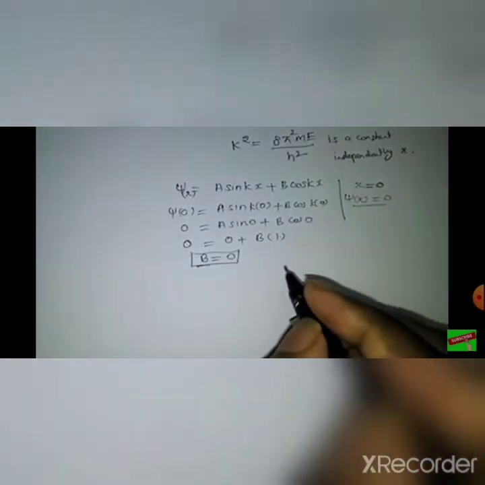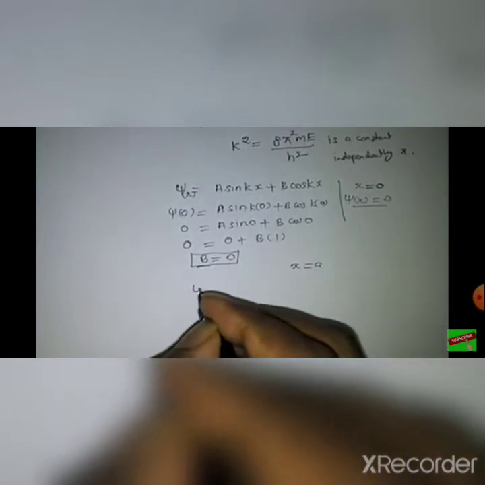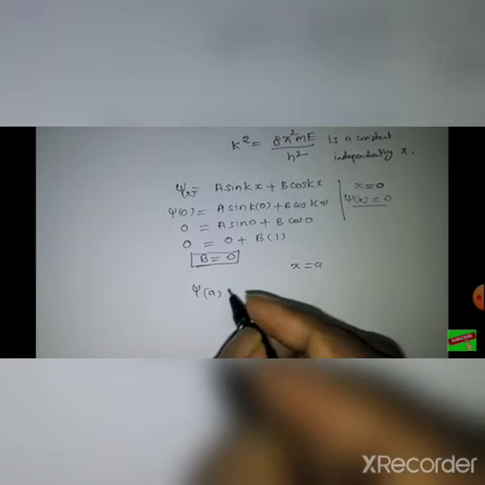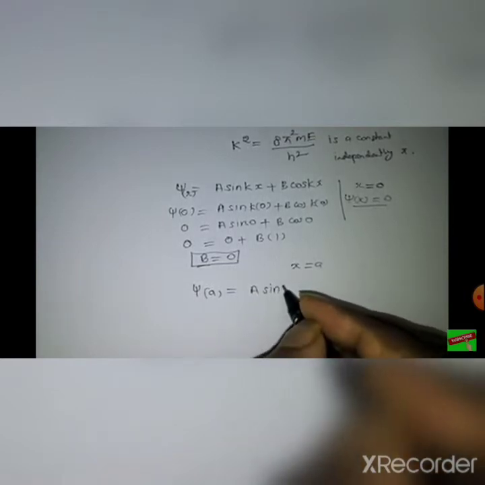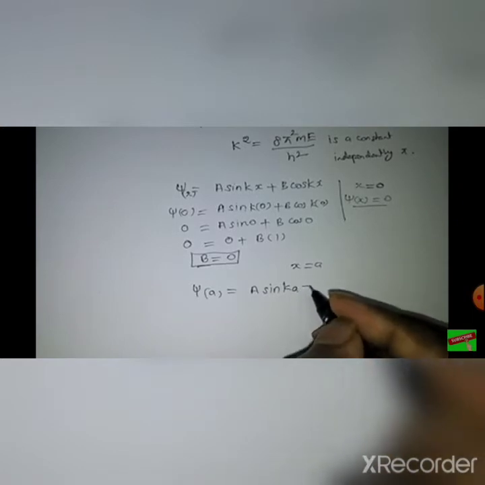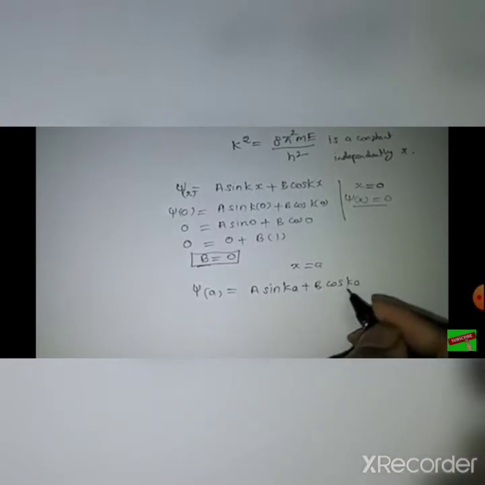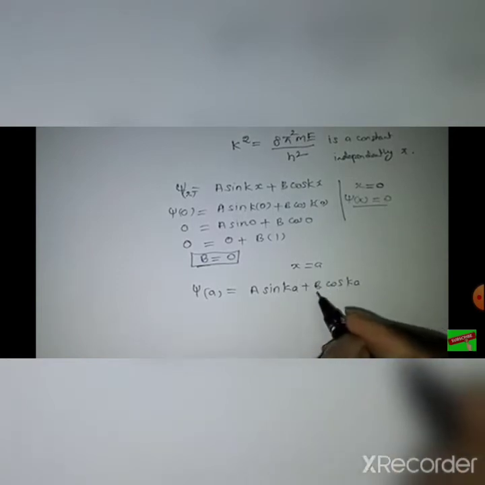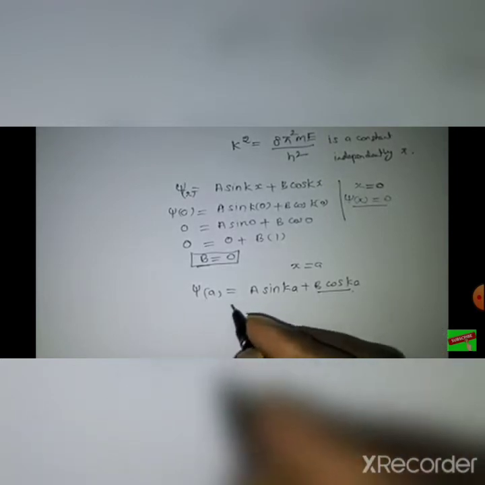Here a and b are two proportionality constants when the wave function is represented with respect to the one-dimensional coordinate x. Now we are applying two conditions: one is x equal to 0, that is inside, and the other is the maximum value, the length of the box. We can take either L or a. If we take a, then psi of a is equal to a sin ka plus b cos ka.